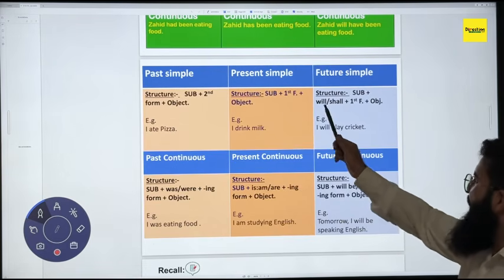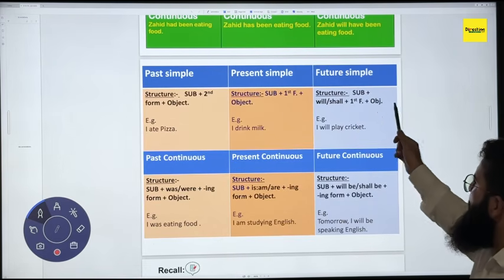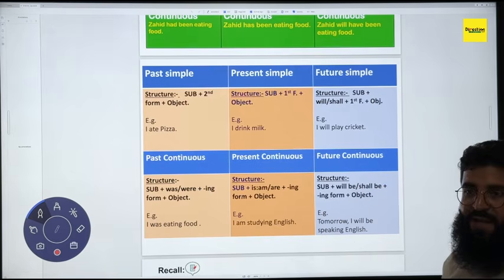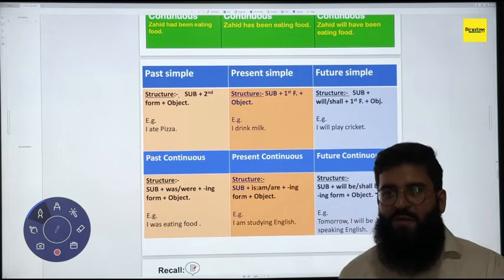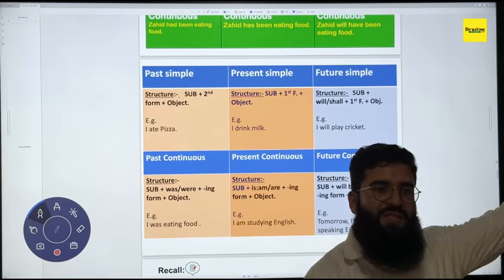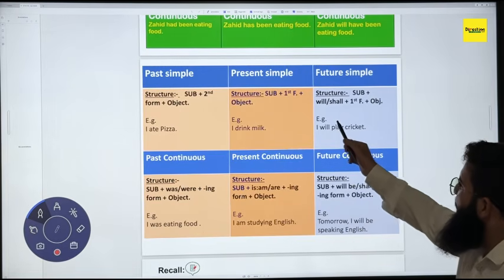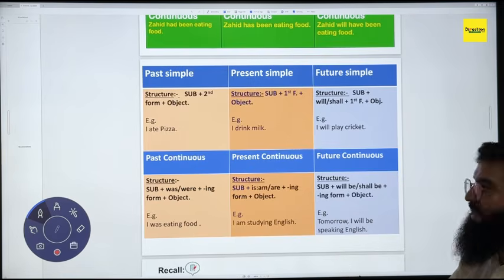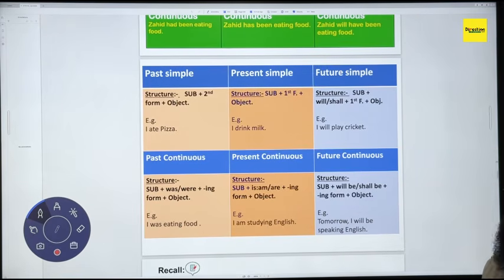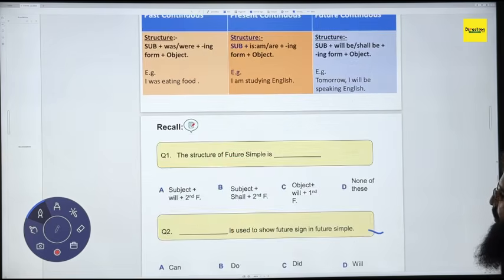This time will only, okay? Subject plus will plus first form plus object. Subject is I. I said not only noun, pronoun also. I, we, you, he, she, it, they. Any pronoun. And will and first form of play. And obviously if you play, you cannot use an eatable item. You have to use some game here, okay? Same for this. Nothing new. It's same. Easy, super easy.